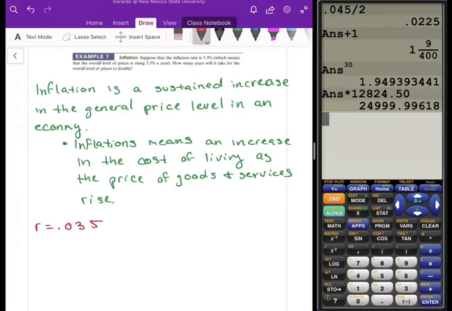Well, they're not giving us that much information. It told us how many times it's going to be compounded. It says 1 because rising a year. So that's 1. But we're still missing present value, future value, and time. Well, that's how many years? That's the question.